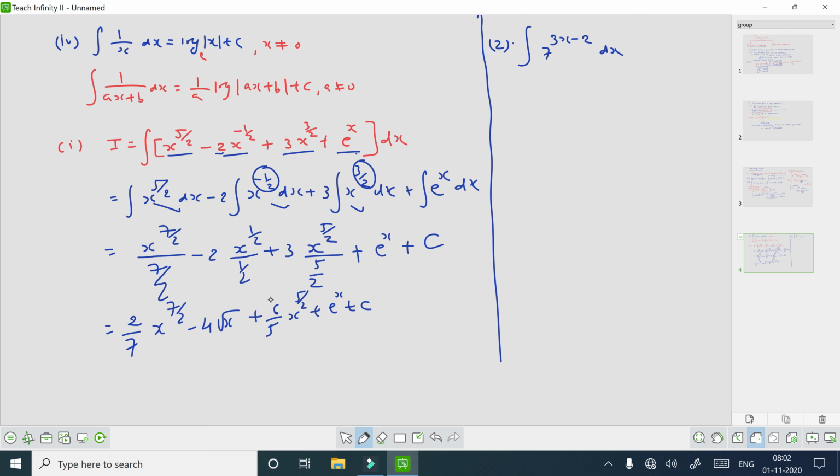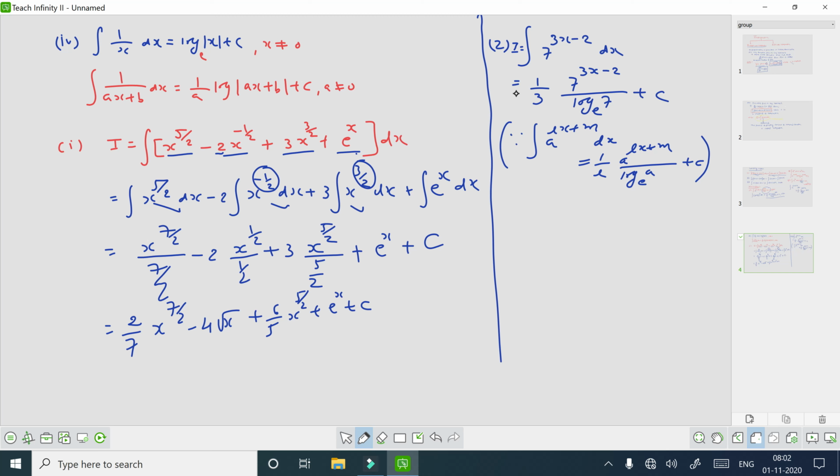Let us mention that form: integral of a raised to lx plus m dx is equal to 1 by l, a raised to lx plus m over log a, plus c. Not a here, but l. Clear? So what we get here is 1 by 3, 7 raised to 3x minus 2 over log 7, plus c. Very easy form.